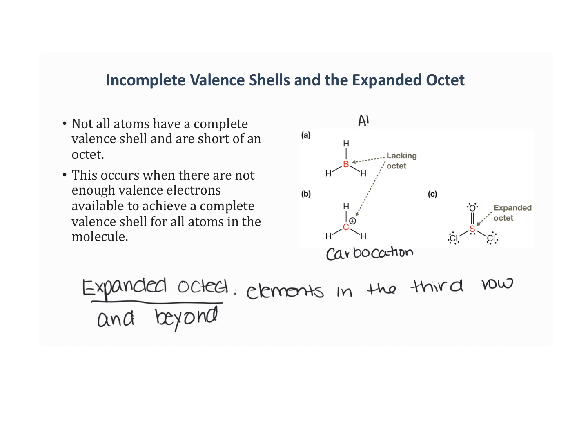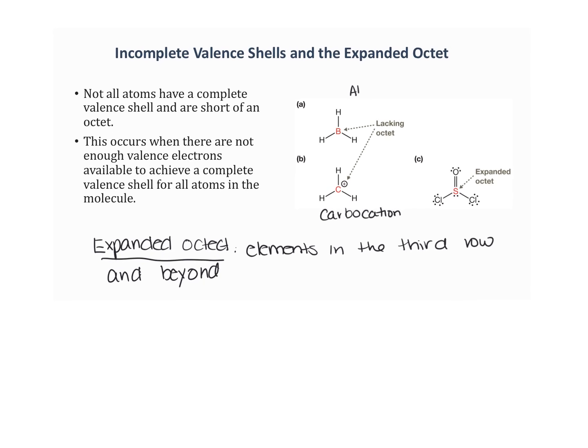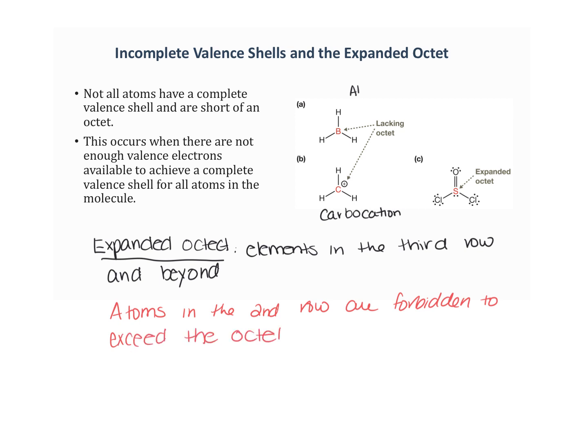Now, atoms in the 2nd row of the periodic table are forbidden to exceed the octet. And that's really important because that's where carbon is. So atoms in the 2nd row are forbidden to exceed the octet, okay?